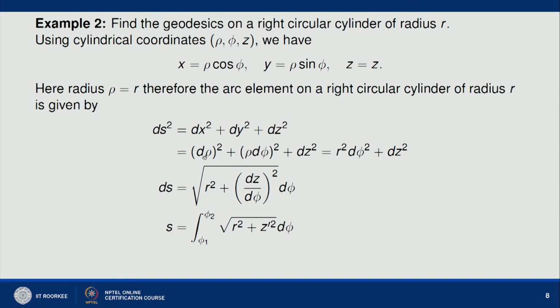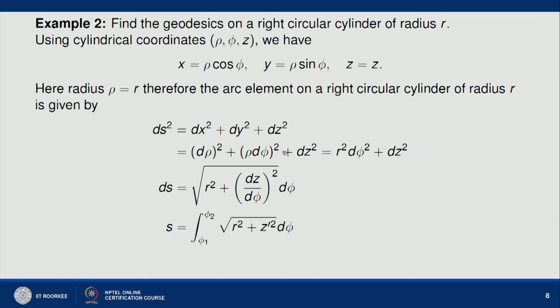In this case g11 involves del x by del rho, del y by del rho and del z by del rho. Del x by del rho is cos phi, del y by del rho is sin phi, and del z by del rho is simply 0. So g11 is cos square phi plus sin square phi, which is equal to 1.